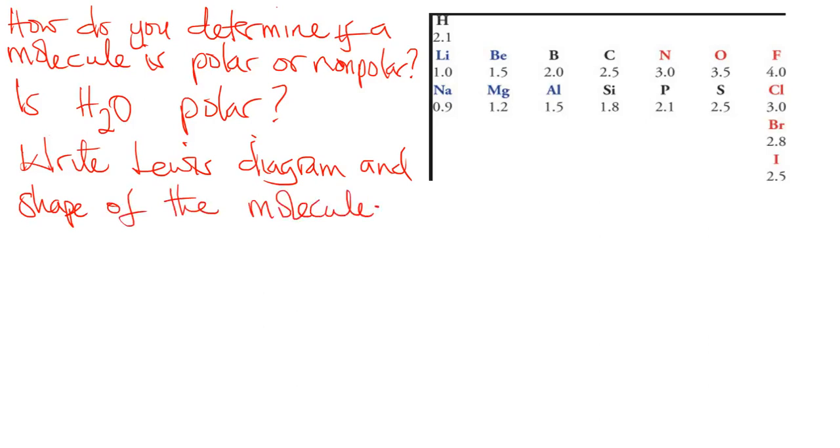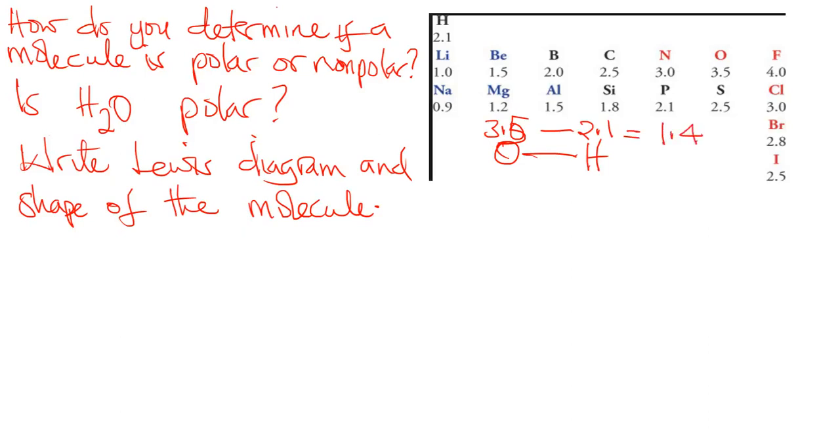But first, you need to determine that the chemical bonds themselves are polar. So you can come here and say oxygen and hydrogen. Oxygen is 3.5. Hydrogen is 2.1. If you subtract them, they give you 1.4.